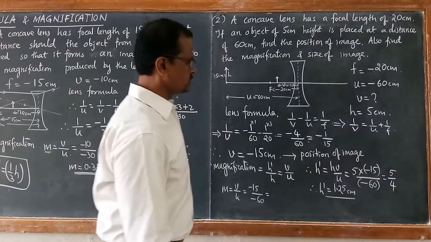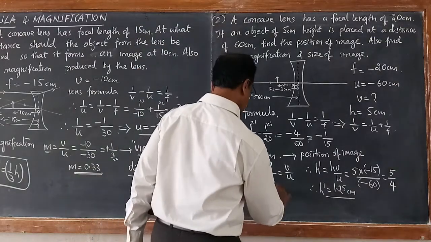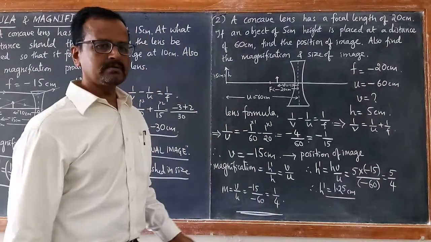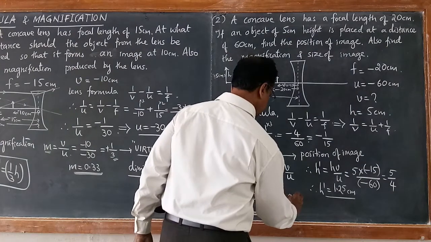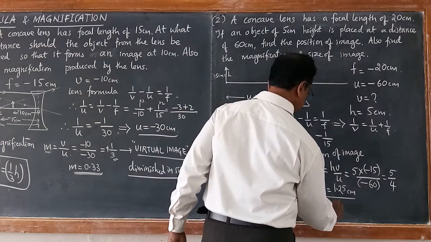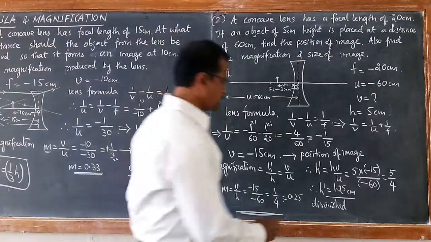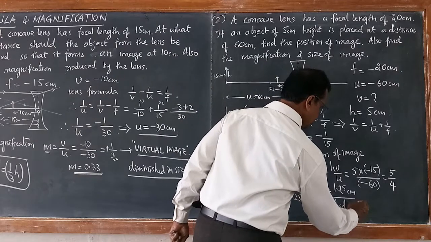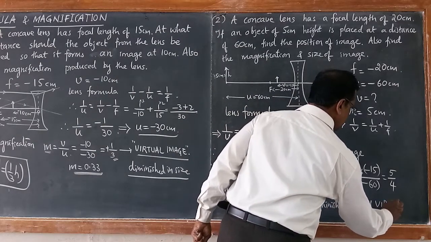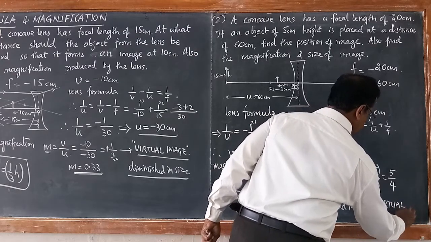It becomes 1 by 4, which means the magnification is 0.25. So it is diminished, and magnification is positive, diminished in size and virtual in nature, a virtual image.